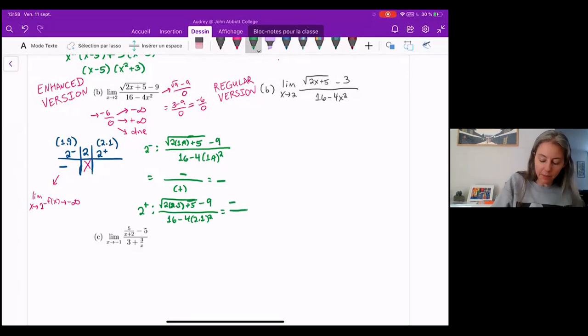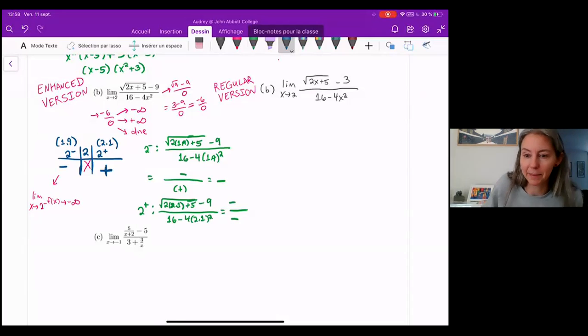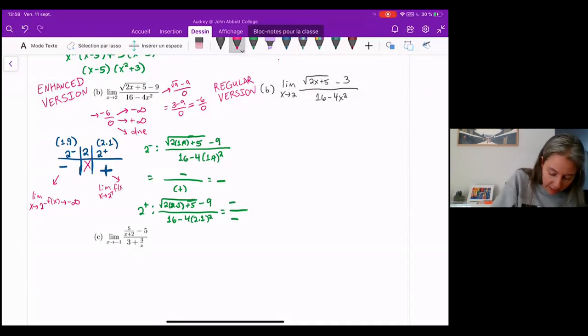A negative on top still, but now I have a negative on the bottom, which makes this whole thing positive. So you can plug that into your calculator and hopefully get it right the first time and not have to say it 3 times like I did. So this on the right side tells me that the limit as x approaches 2 from the right of f of x is going to positive infinity.